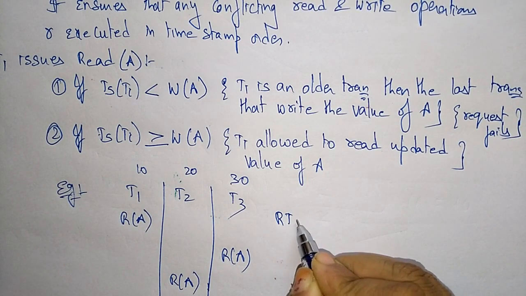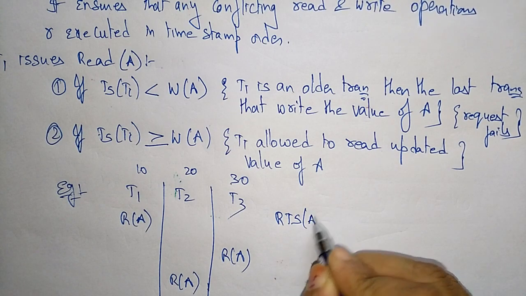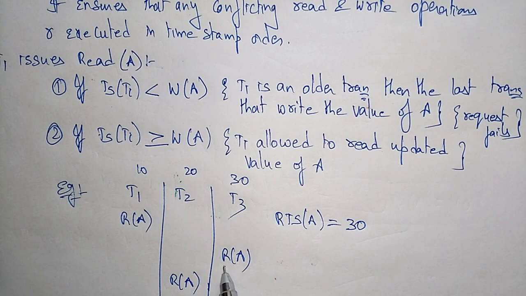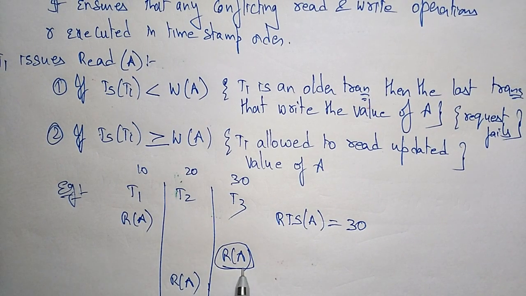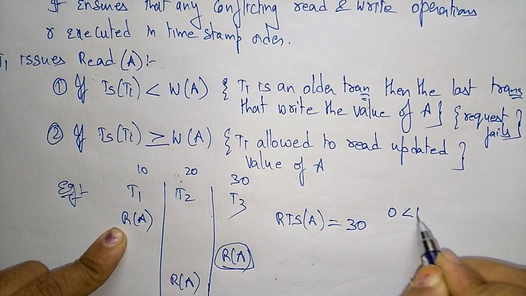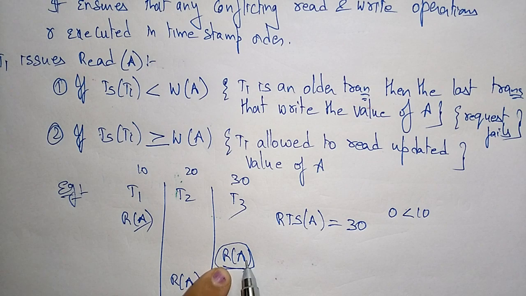The read timestamp of A is 30. This is the largest. See here, 0 is less than 10, so this is accepted.